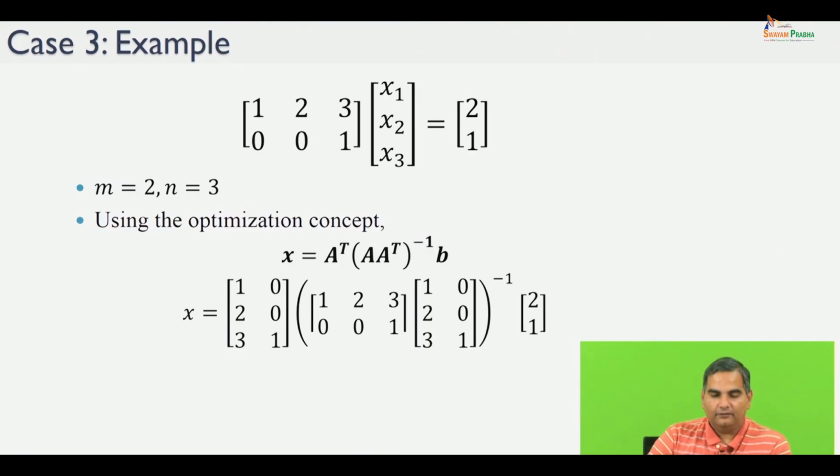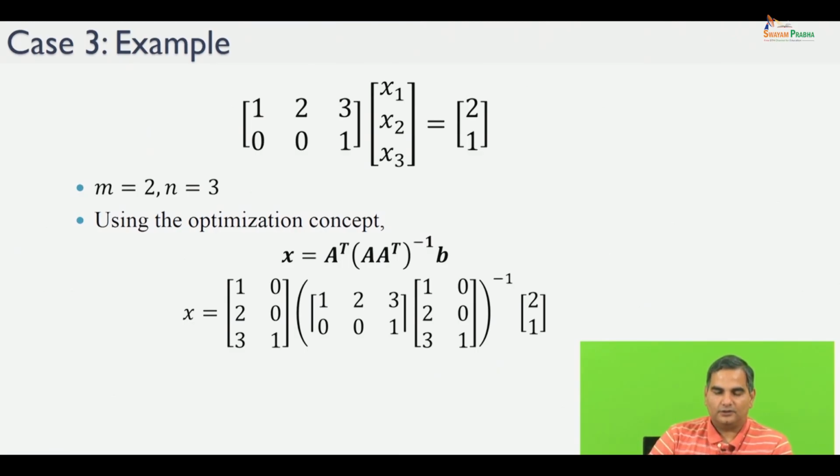Clearly, when you look at this equation, you will notice that x3 equal to 1 has to be a solution. So the question is, how do I choose x1 and x2? Nonetheless, we will use the optimization solution to actually see what happens here.